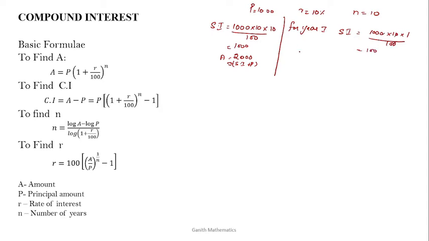What they are doing is, for year 2, they consider this 100 simple interest along with the principal amount, the 1100 rupees, as the principal amount. They add the simple interest we got after 1 year to the principal amount and consider that amount as the principal. So it will be 1100 into 10 into 1, because we are calculating only for 1 year.